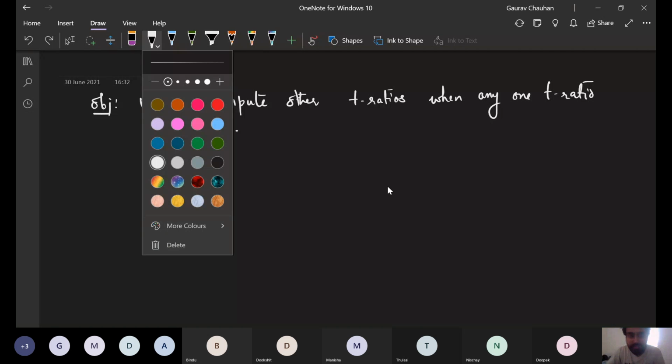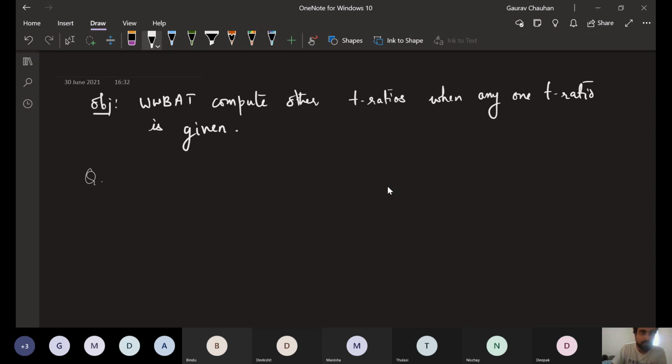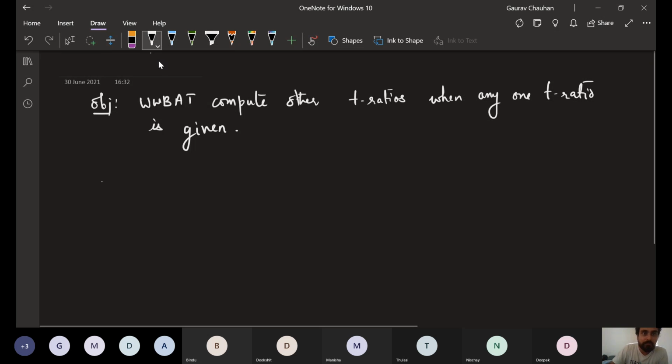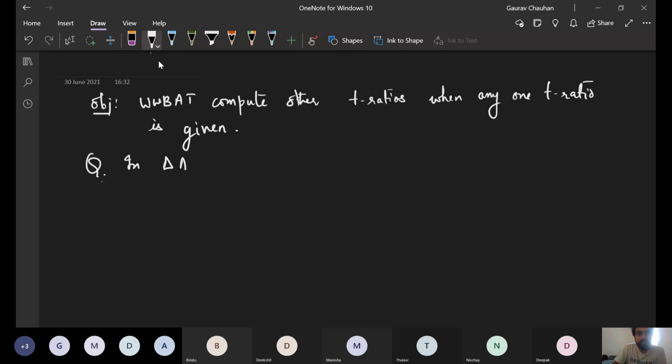So let's take this question. The question is, in triangle ABC, right angled at B, it is given that sine A is equal to 1 by 3.